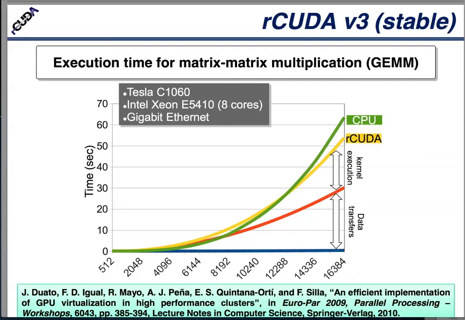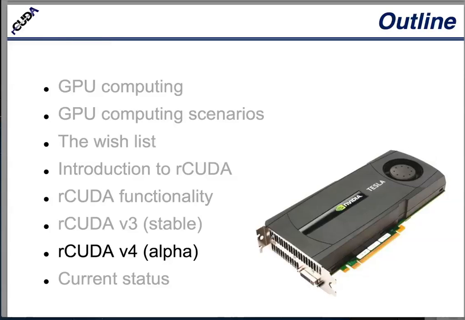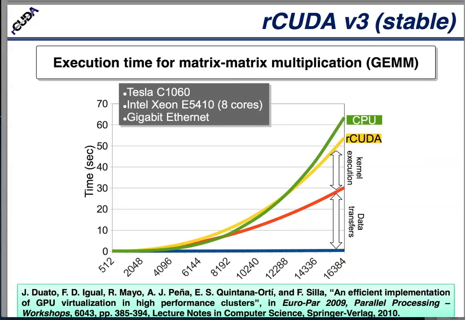So if we don't have a local GPU, we can use a remote GPU and go faster than employing the local CPU. We can see here that a large amount of time is devoted to transfers across the network. So if we can reduce these data transfers, we will get very fast remote accelerations. This is done by employing high-performance interconnects and also employing them efficiently.